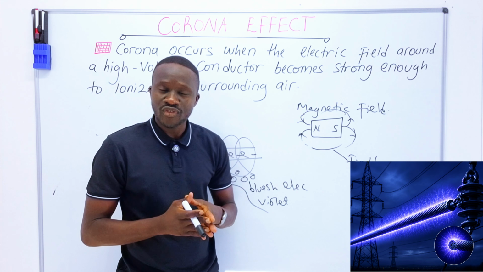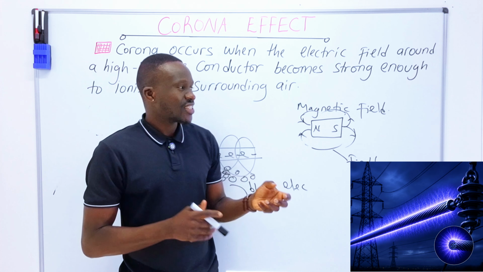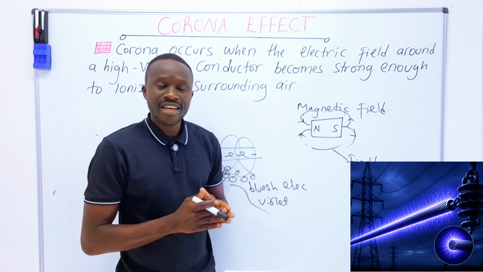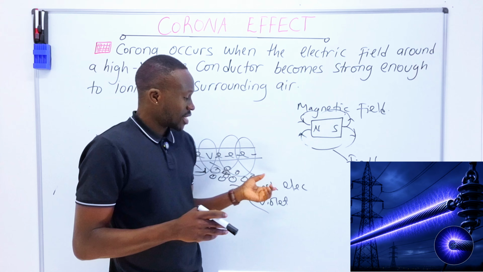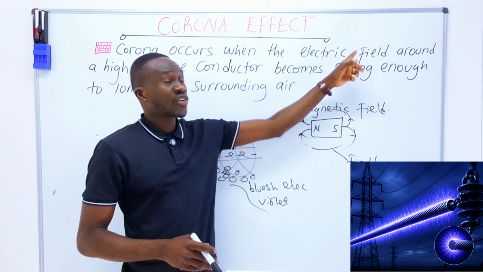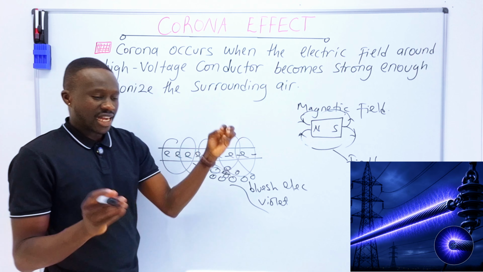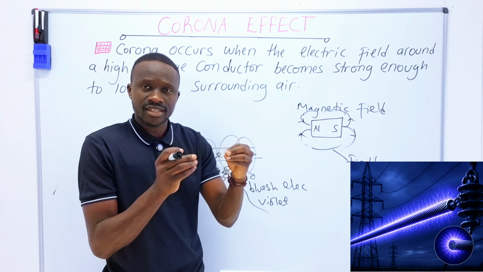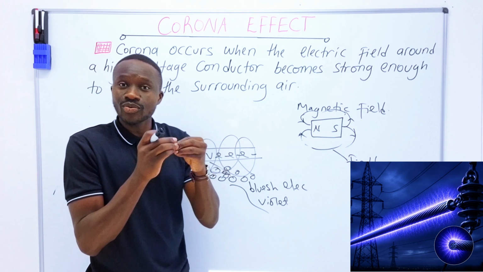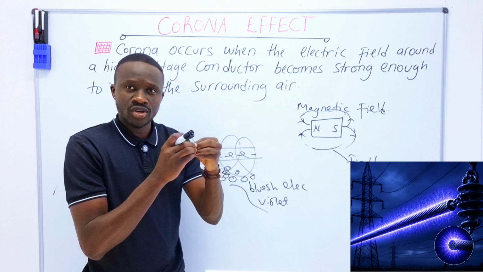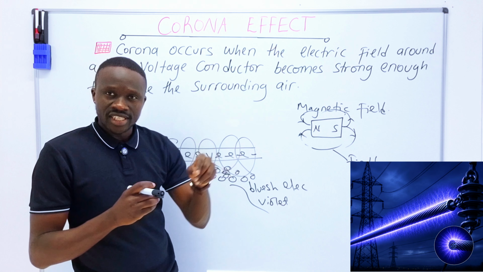But this is not a transformer, and the cable is not shaking or vibrating. It means there is some high electric field ionizing with air, and that sound is them colliding. The electric field is colliding with the air particles, air molecules, and this collision causes the corona effect.